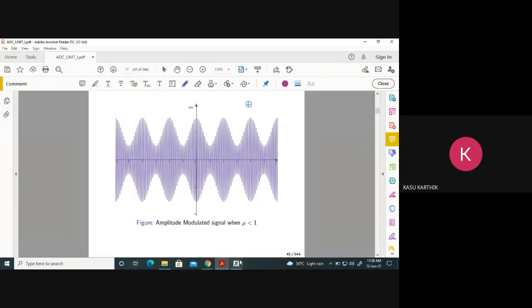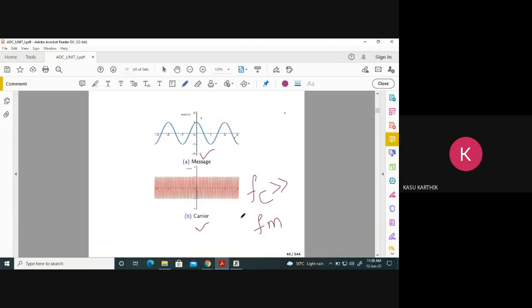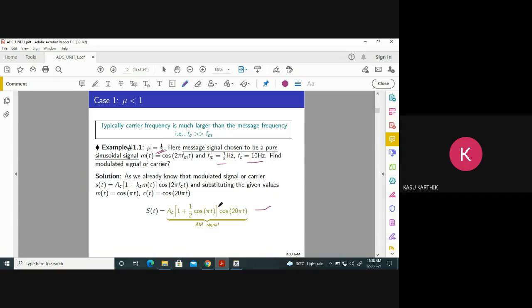When mu is less than 1, in the previous example, what was the amplitude of the carrier after modulation, S of t? It was Ac into 1 plus 1 by 2 cos pi t.